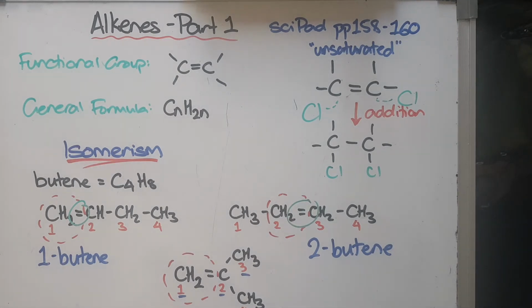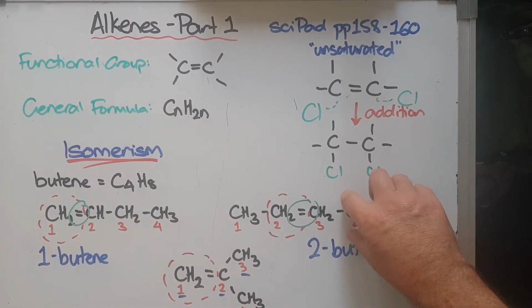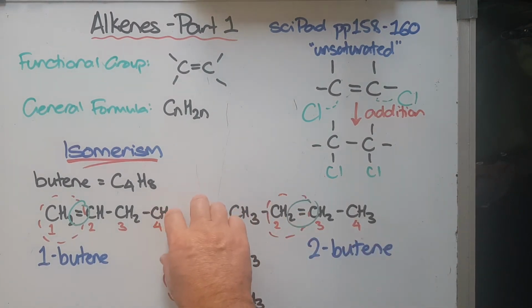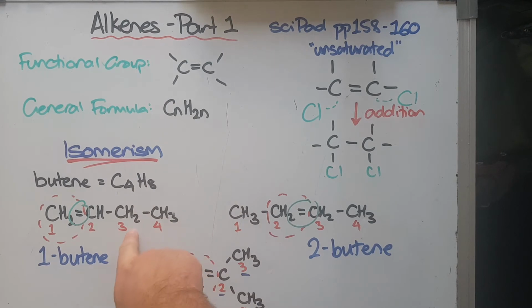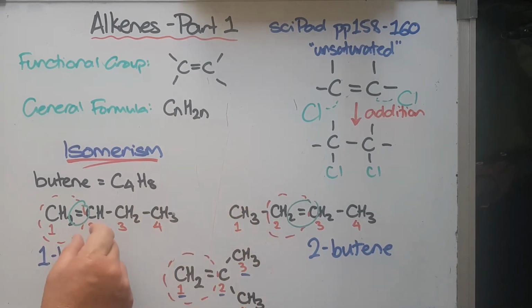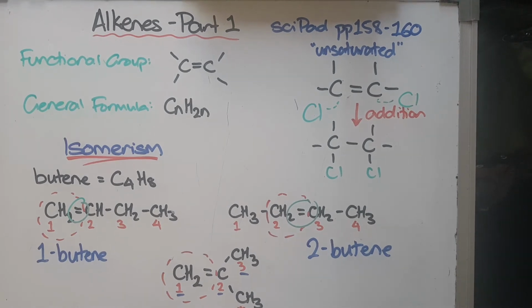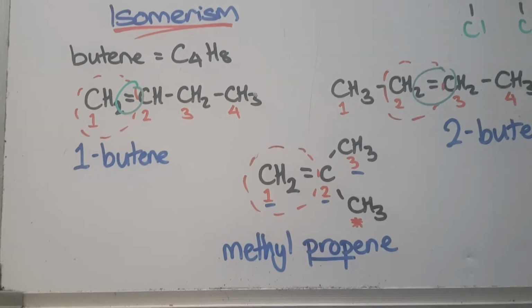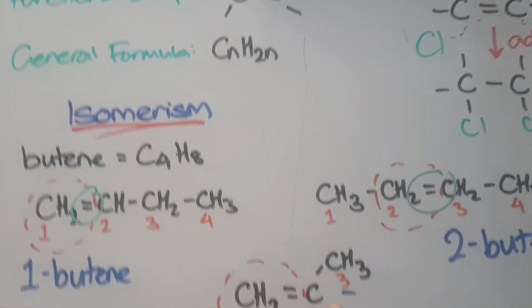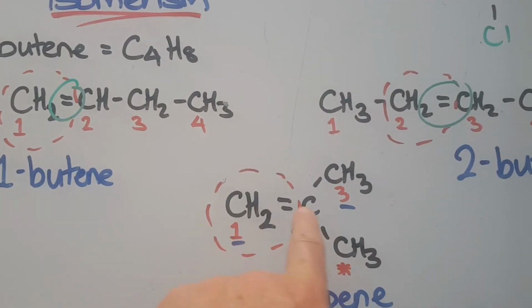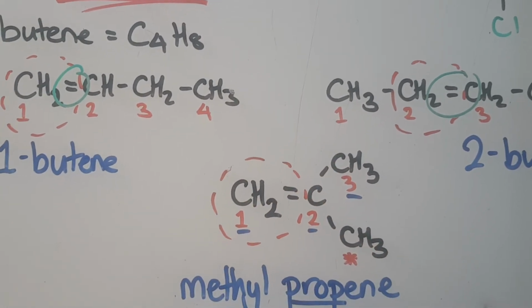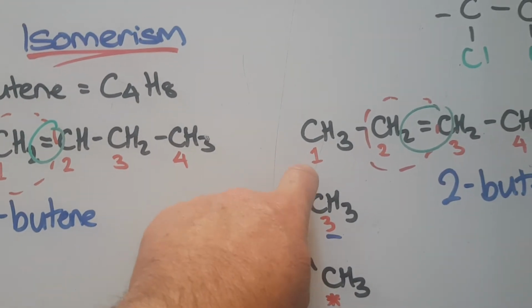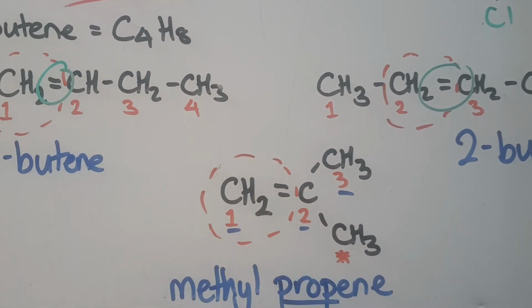Now, there is one more structural isomer of this, where I could break this one off here to make this a CH3 instead, and put it on here as well. That makes this next molecule here. I have to move my camera, I'm sorry. So I've still got 1, 2, 3, 4 carbons, 1, 2, 3, 4, 5, 6, 7, 8 hydrogens.